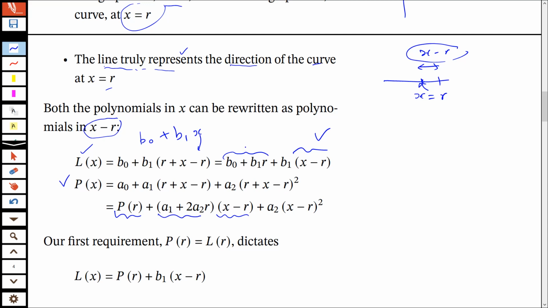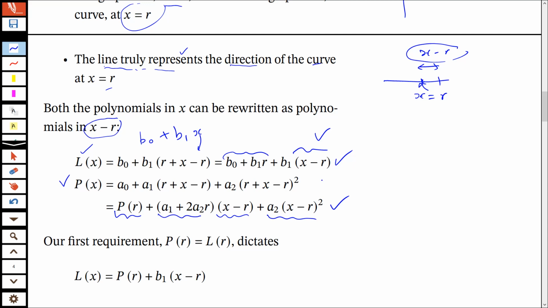I have a constant here and a constant there. I have some constant multiplying x minus r there, and in the linear function, some coefficient multiplying x minus r there. Here is the difference. This given polynomial also has a square term, x minus r squared, and this was expected because this was the quadratic. That was not quadratic, so we did not have it there.